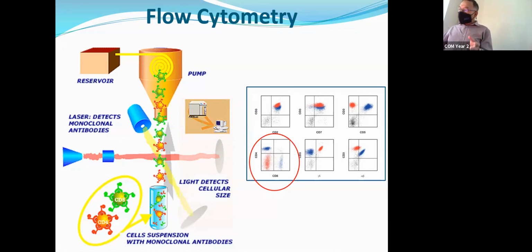And because every dot represents a cell, the computer can give you a numerical readout of the number of dots within each quadrant, so you can monitor the actual amount of T helper cells or cytotoxic T cells you have in the blood of patients during the course of a disease.